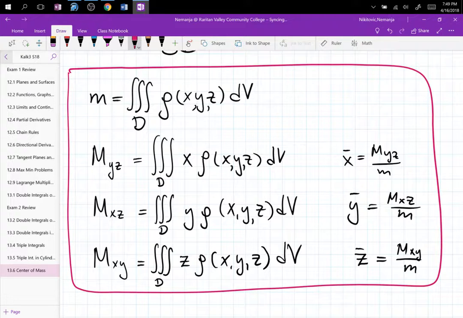And if you can exploit symmetry, do it, because the symmetry will help. But you also have to be careful, because if the symmetry is ruined in any way, then you have to compute from scratch.